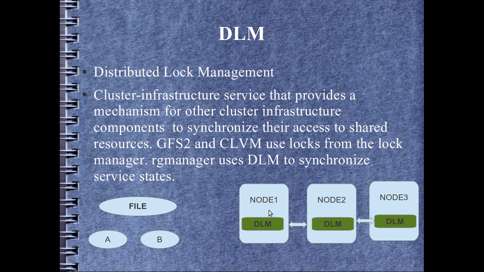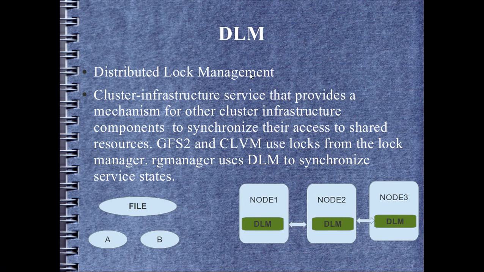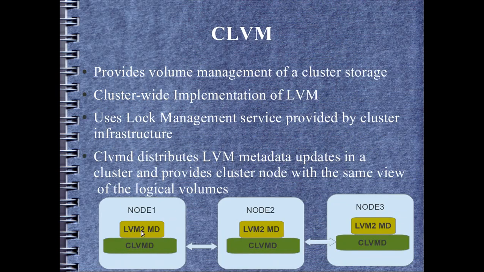So that's the reason we make use of clustered LVM. Here there is a service, clvmd, which runs at the back end and makes sure that the lock is actually a clustered lock, which is visible to all the nodes in the cluster, and it does it with the help of distributed lock management.